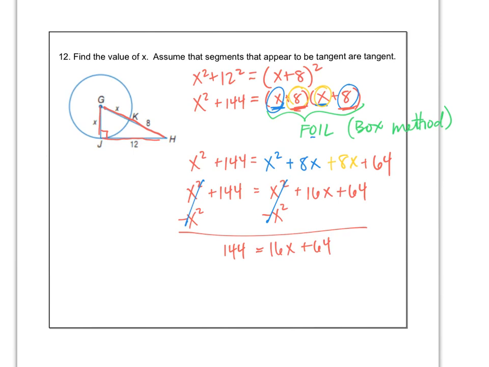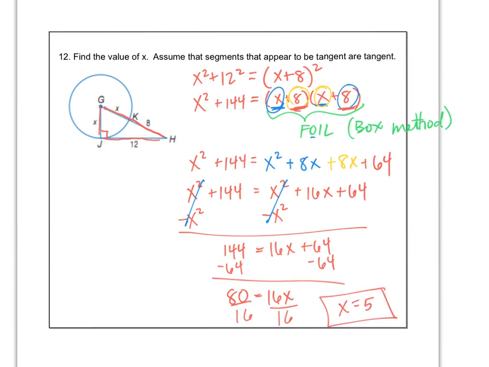Continue to get your like terms together. So I'm going to minus this 64 and bring it over by the rest. I believe that is 80. So we have 80 equals 16x, and then divide by 16. And I think it goes in there a nice 5 times. So x is 5. Pretty cool.